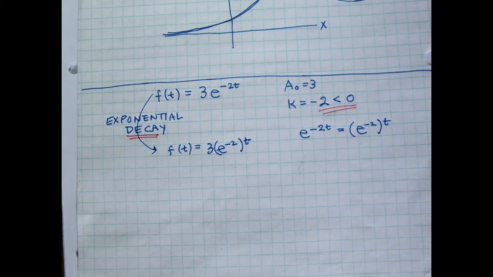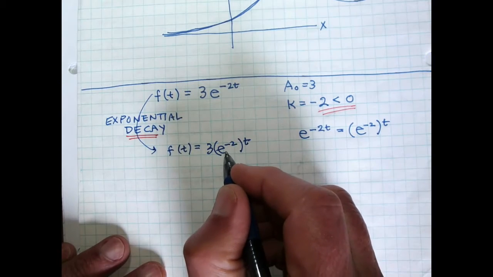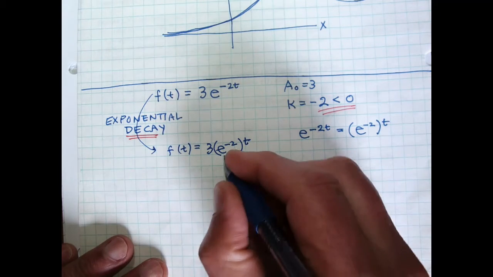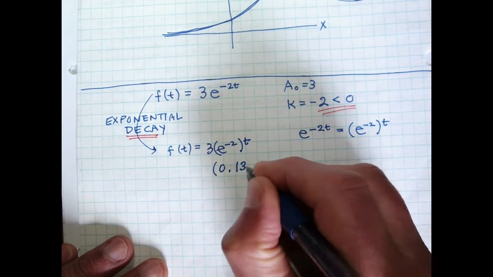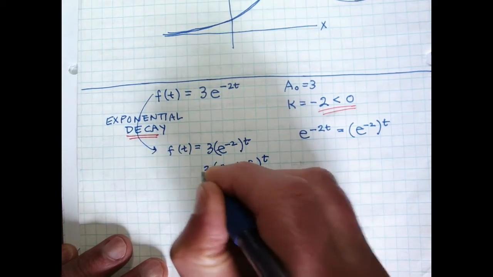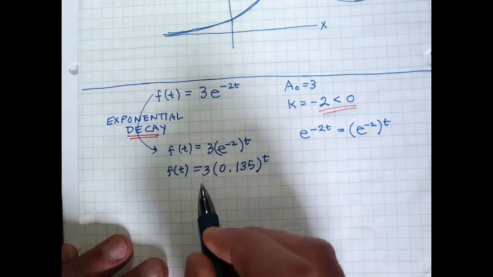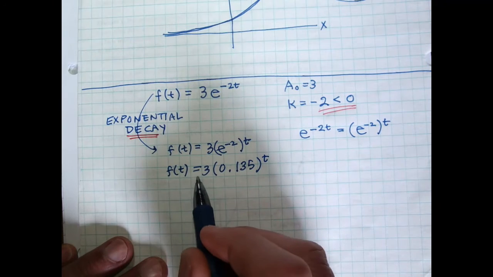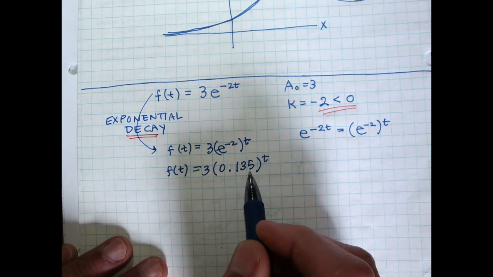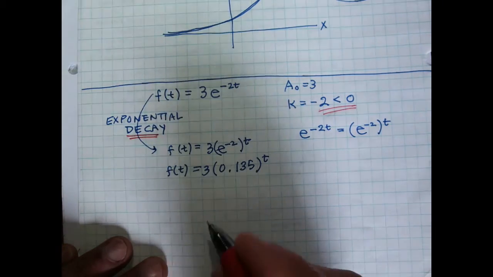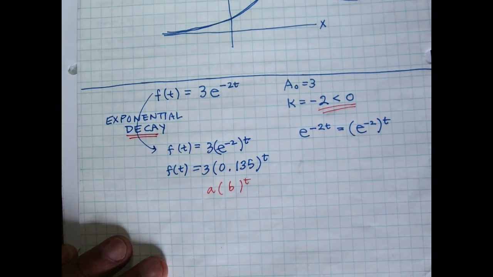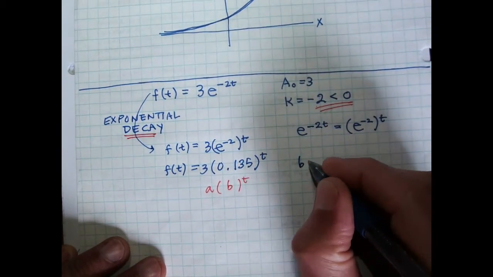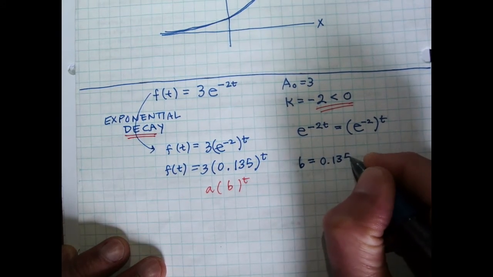And if I take e^(-2) on my calculator, I get that that's about 0.135. So this function could be written as f(t) = 3(0.135)^t, which is the a·b^t form again that we've seen before. My base b here, though, is 0.135.